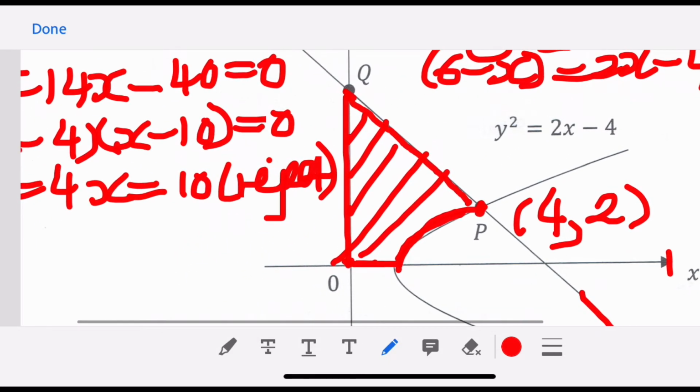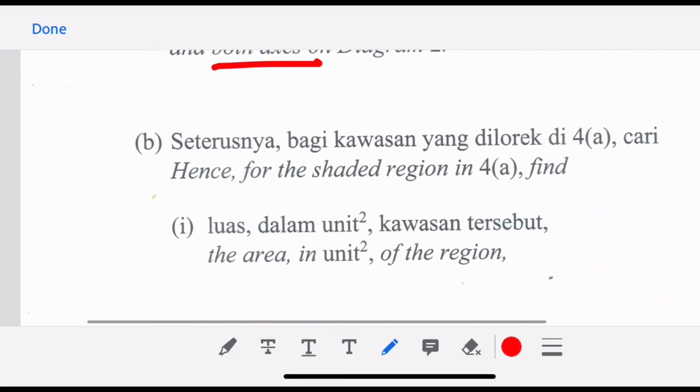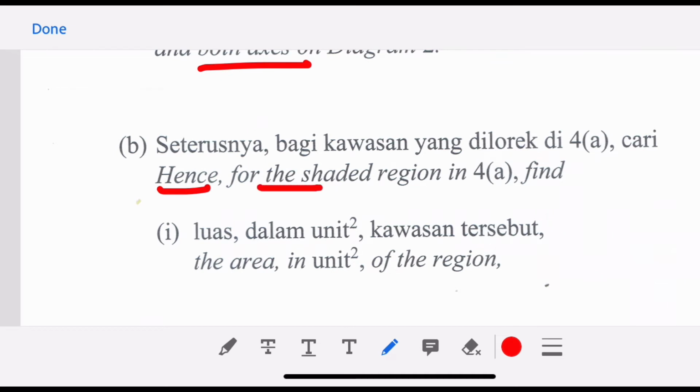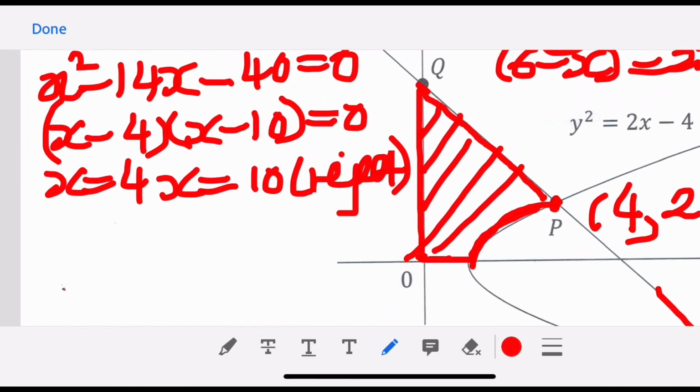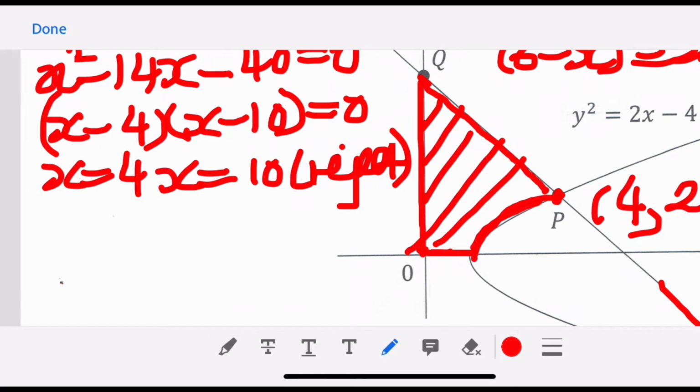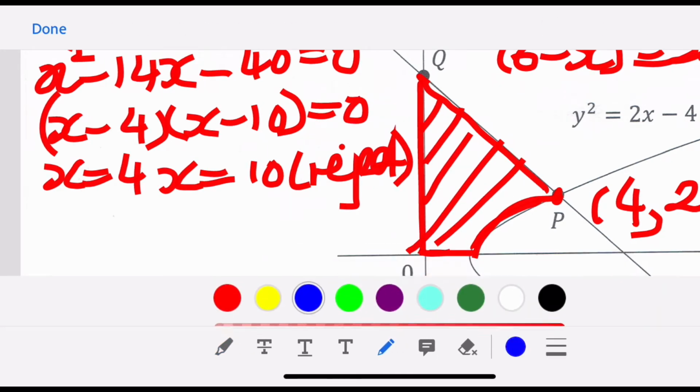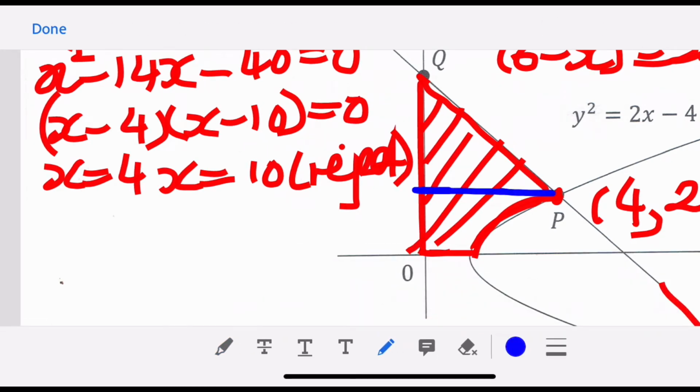So now we need to calculate the area, right? Hence, for the shaded region, we have to find its area. In order to find the area of the shaded region, we can divide it into two parts, which are A and B. So the area for A is actually a triangle, right?